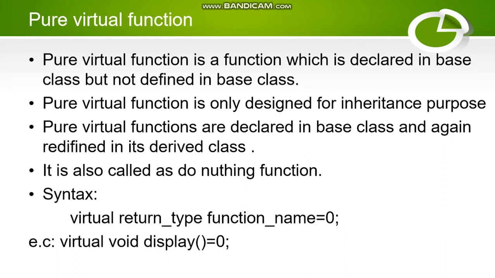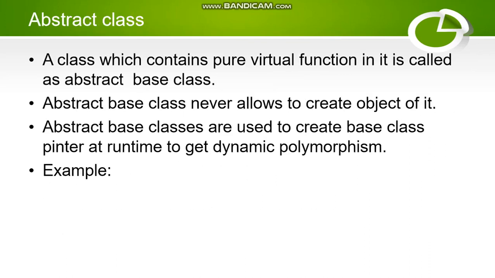The syntax for the pure virtual function is the virtual keyword, then the return type, and the function name equals 0. For example, virtual void display = 0. That is a pure virtual function.